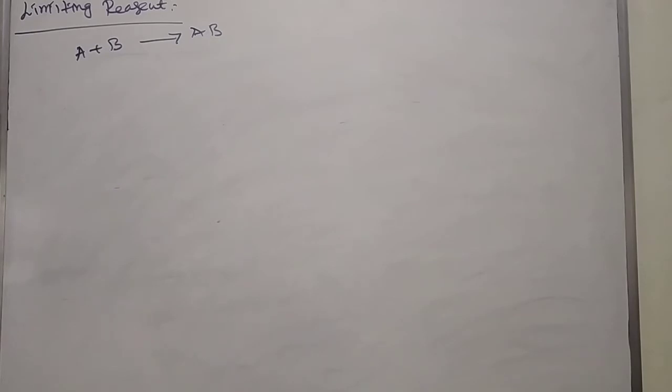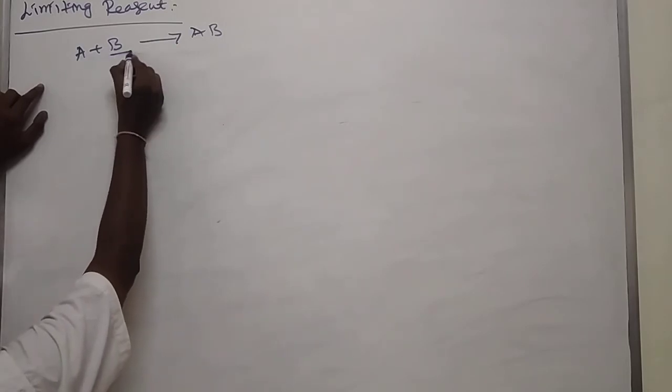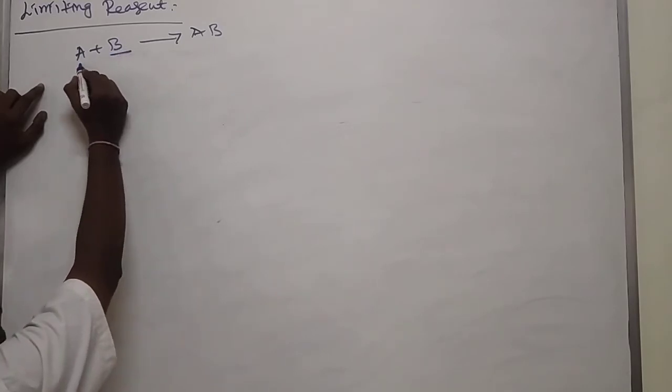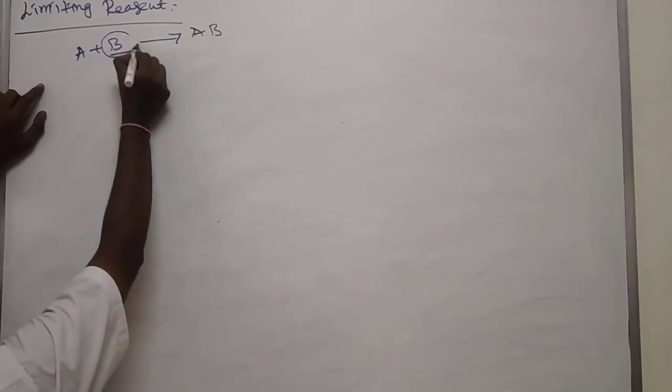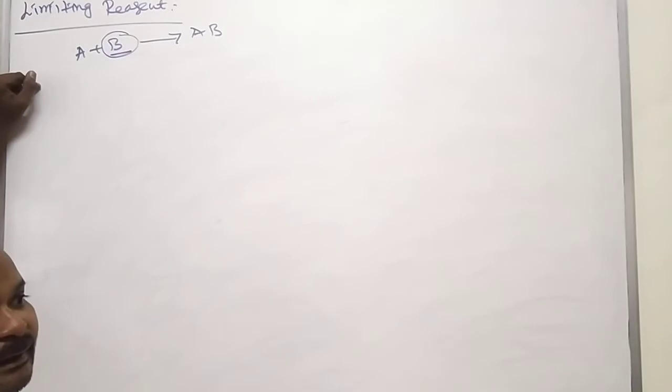Suppose, for example, B is completely involved in the reaction and A is not completely involved. Then this B is called the limiting reagent.